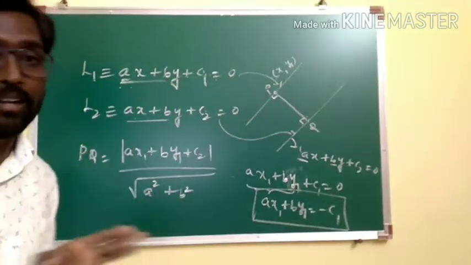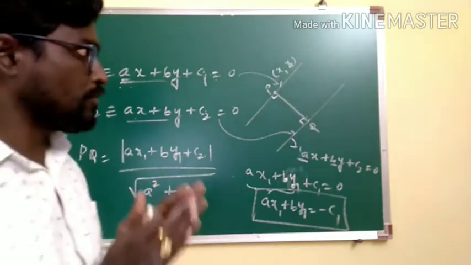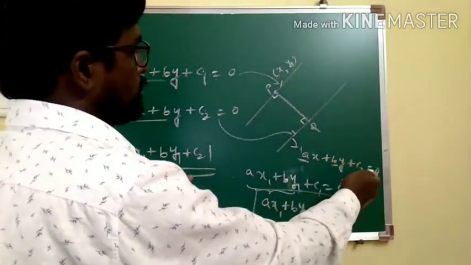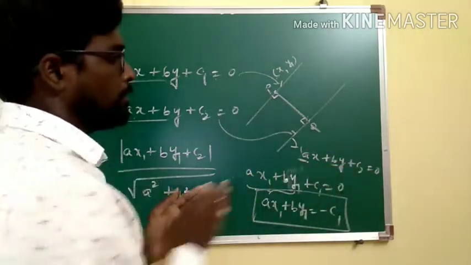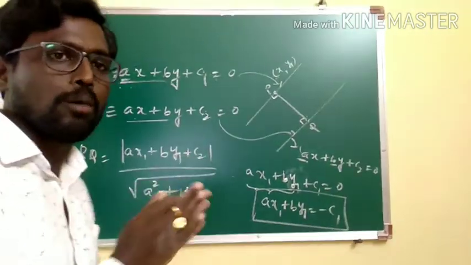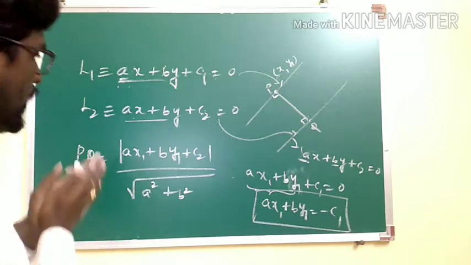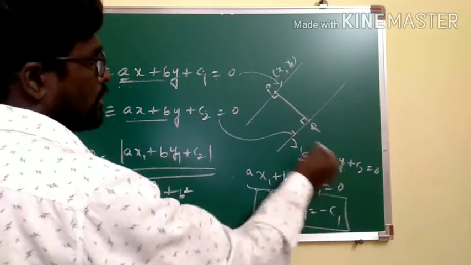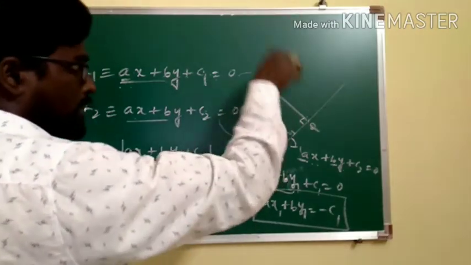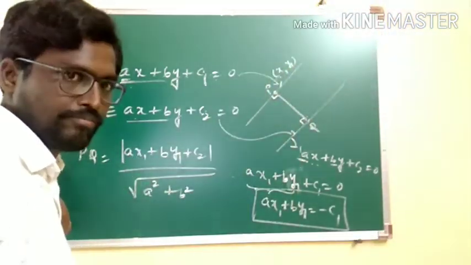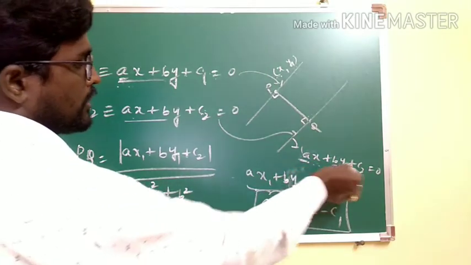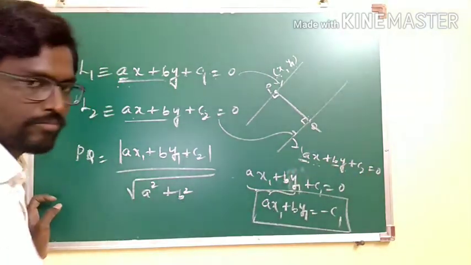Please observe properly what I am doing here. First, from a point P x1 y1 to the line ax plus by plus c2, I have taken the perpendicular distance using the previous formula. That is mod ax1 plus by1 plus c2 by root a square plus b square, because here x and y are replaced by x1 y1, because from x1 y1 we are taking the distance, and the coefficients of x and y here are a and b.